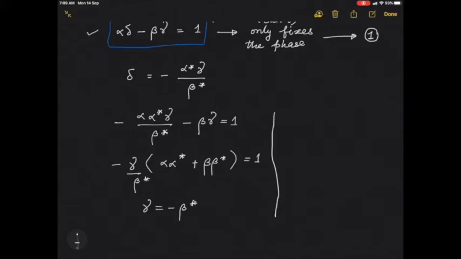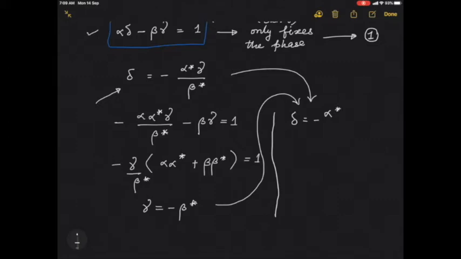Now if I put that information into this, then this combined with this, what does it give us? It tells us that delta is equal to minus alpha star, gamma is minus beta star, so I can write minus beta star here divided by beta star. The minus goes with minus, so delta becomes alpha star.